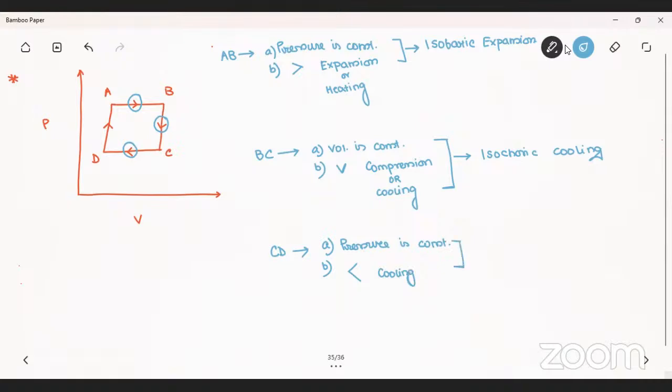Okay, so it is isobaric cooling. What is DA? Volume is constant. Arrow is upward, means expansion. So what is this? Isochoric expansion.